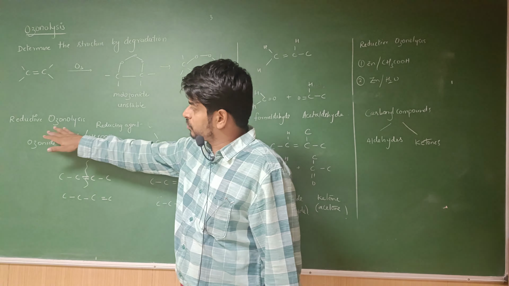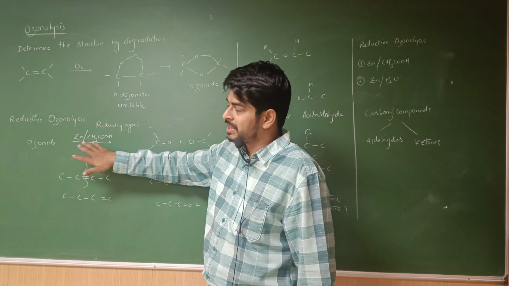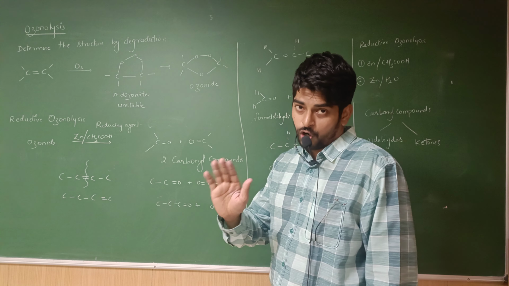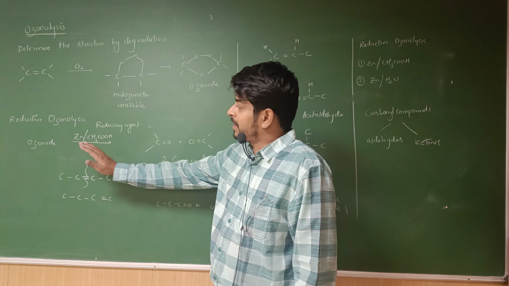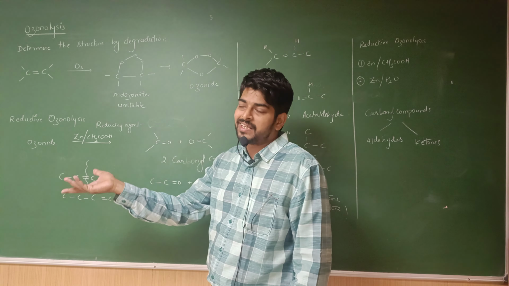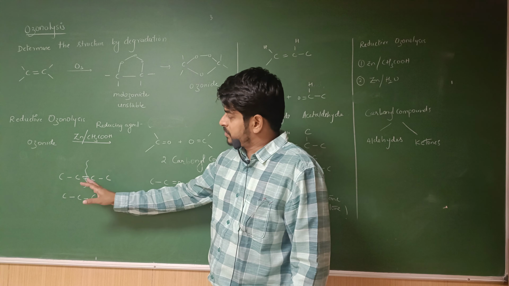So in reductive ozonolysis, you use a reducing agent. The reducing agent can be zinc in the presence of acetic acid or zinc in the presence of water. So when you take this alkene, add ozone and add a reducing agent, what happens?